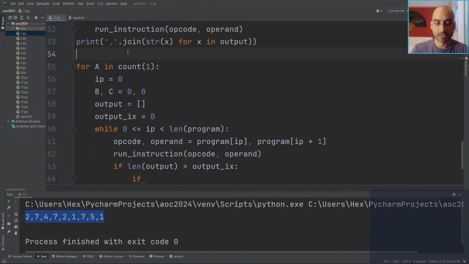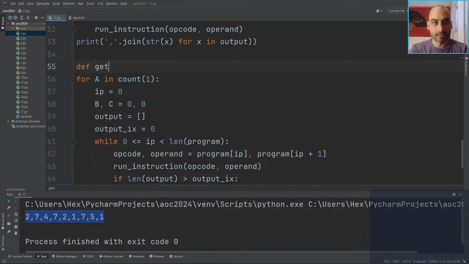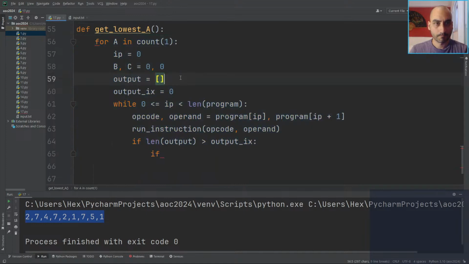All right, let's just wrap this all up as a method. Define get lowest A. We don't need this as a method, just get rid of that.